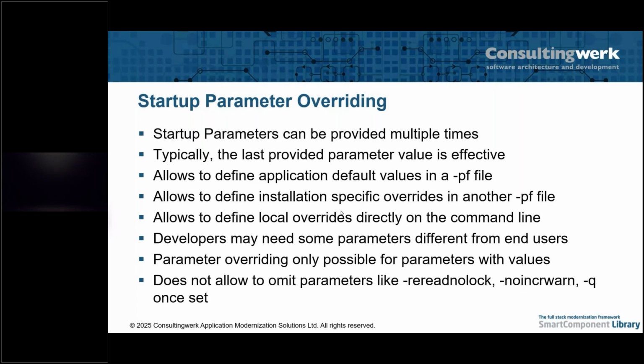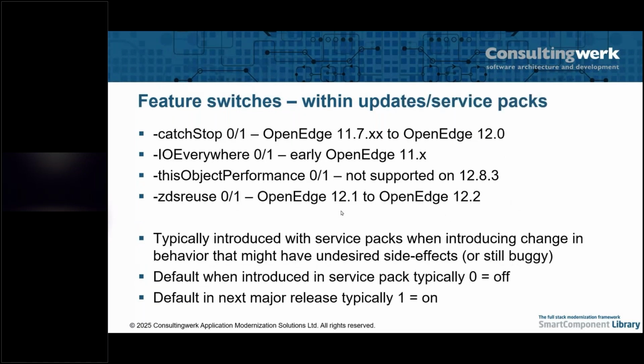There are other feature switches which are provided with a value of 0 or 1 to turn them on and off, and those then allow you, by providing a 0 later, to override a previous value of 1 that turned them on. I'm remembering this particularly since the OpenEdge 11 releases.